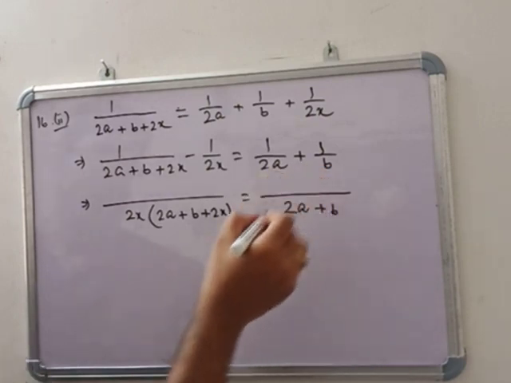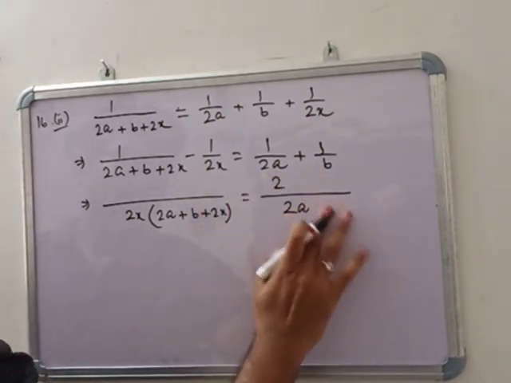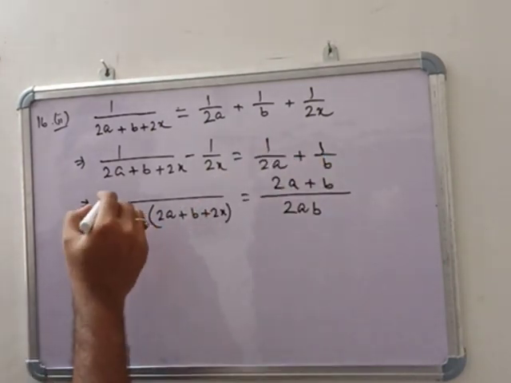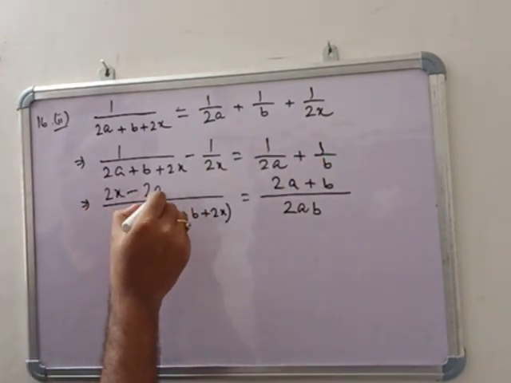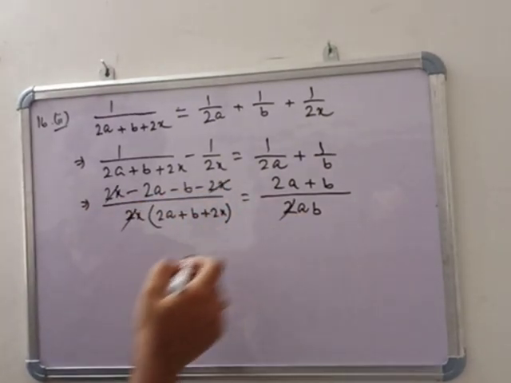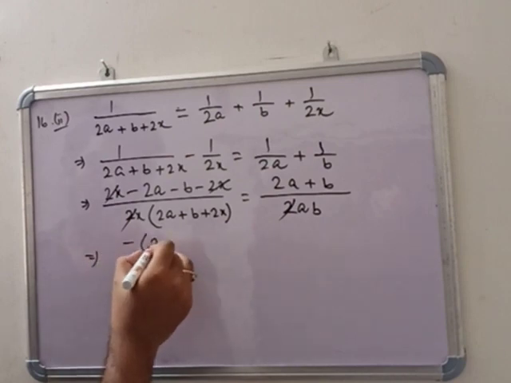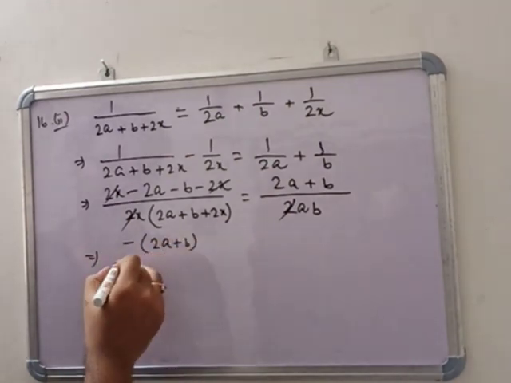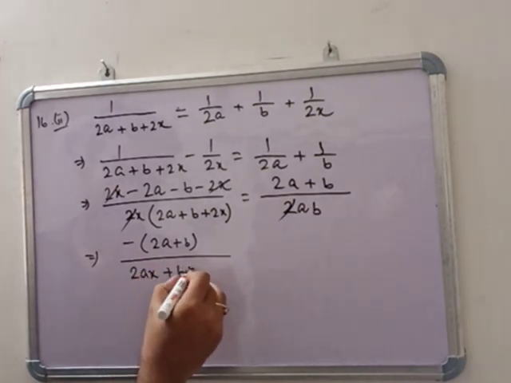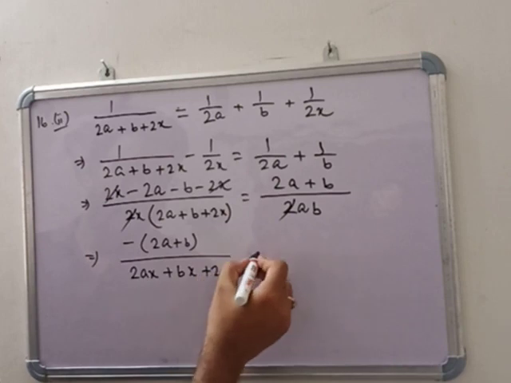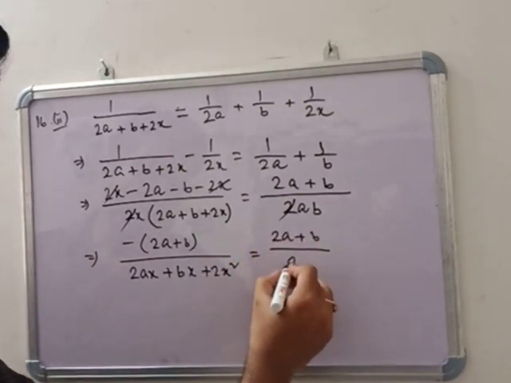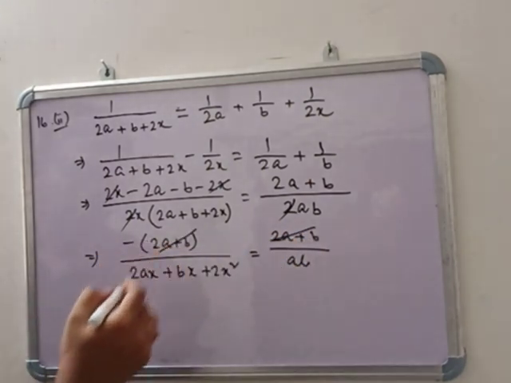Now LCM: 2x times (2a plus b plus 2x) on the left, and 2ab on the right. Here 2x minus 2a minus b minus 2x, the 2x cancelled. So that means minus of (2a plus b) by (2ax plus bx plus 2x square) equals (2a plus b) by ab. 2a plus b cancelled.